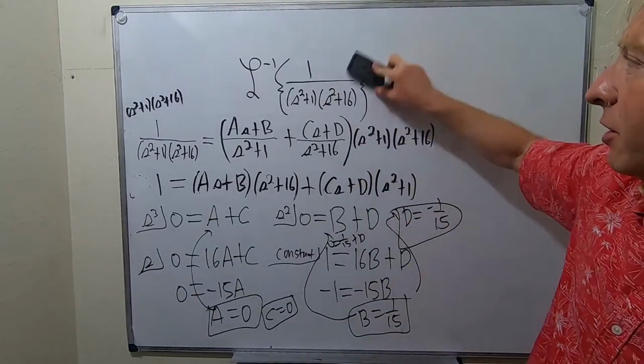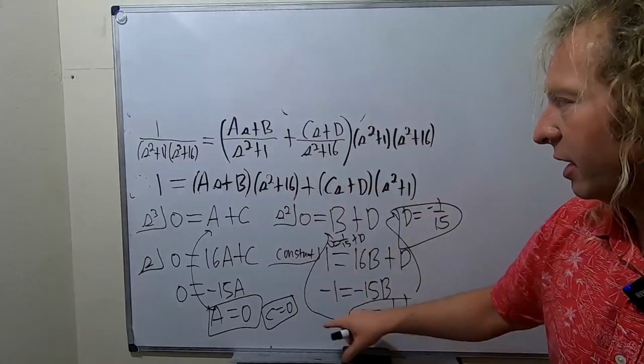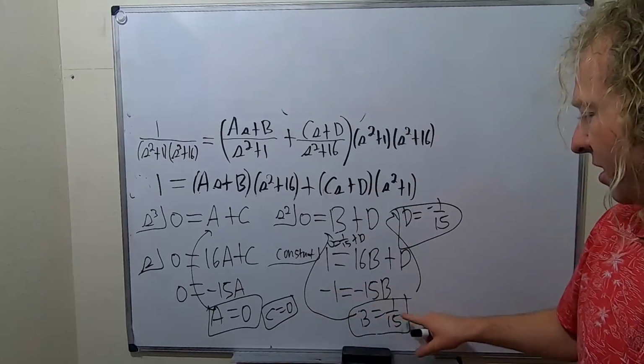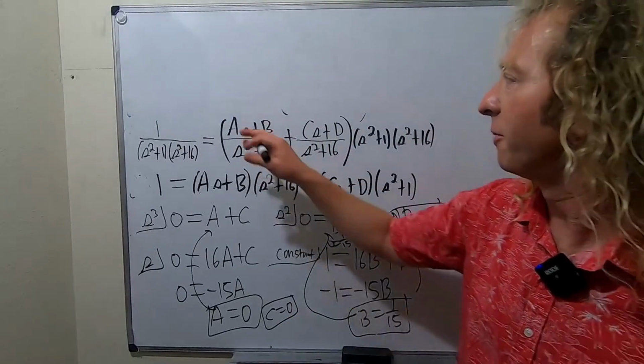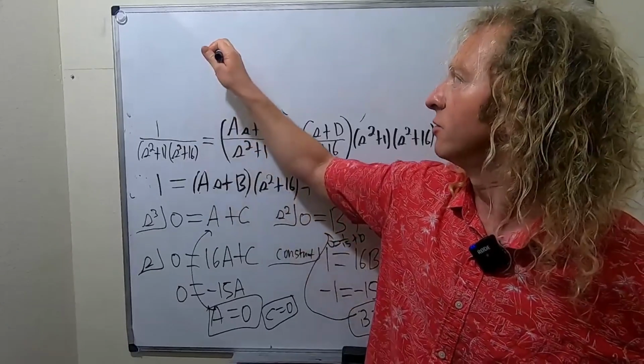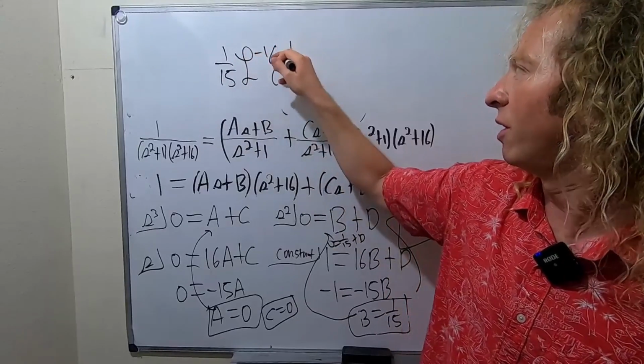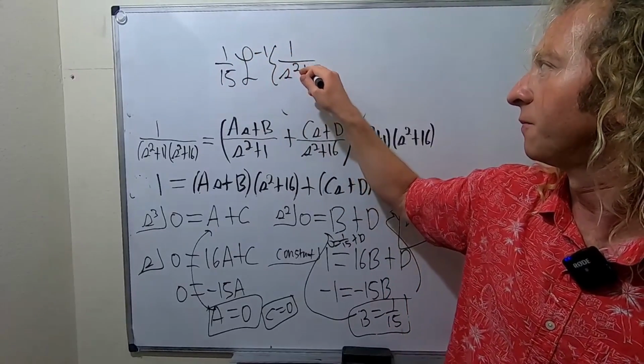I'm going to go ahead and erase this, and I'll do it up here. So let's see, a and c are 0, so we have b is 1/15, so I'll put it in the front. So 1/15 inverse Laplace transform of 1 over s squared plus 1.